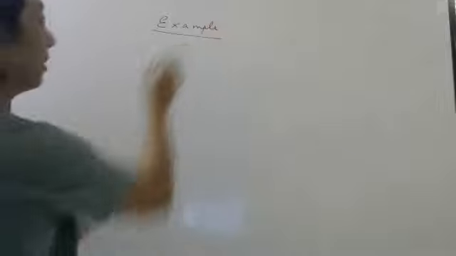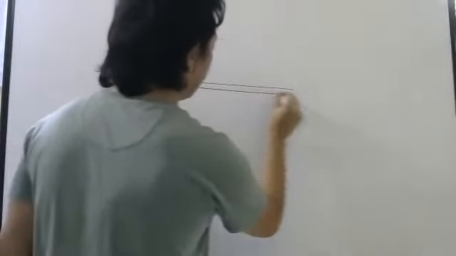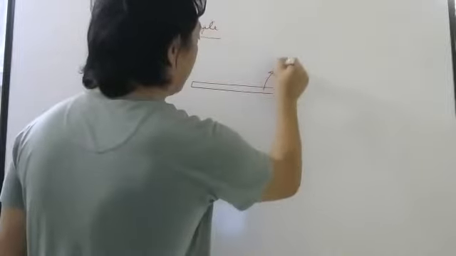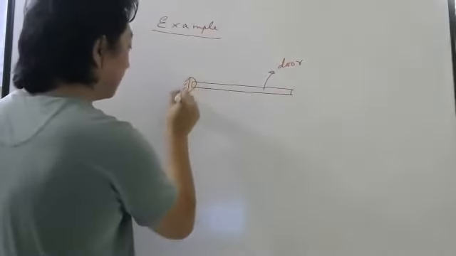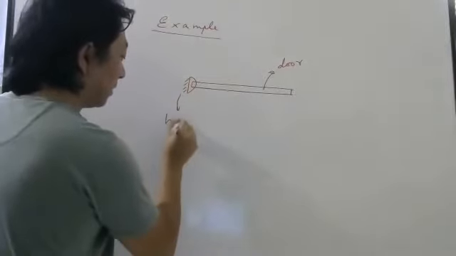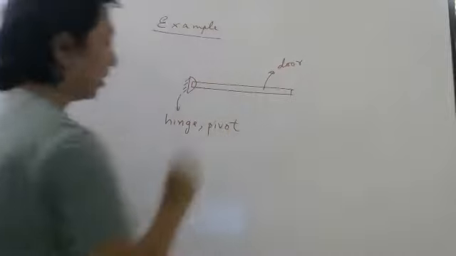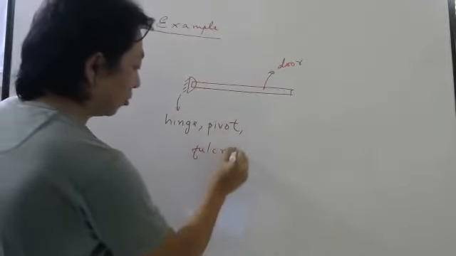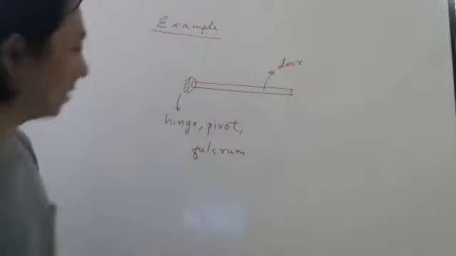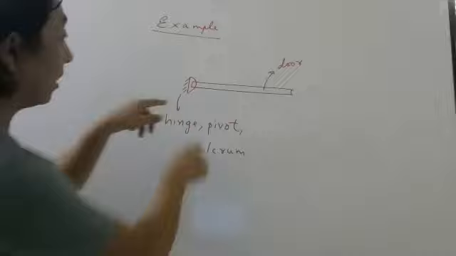Okay, example now, look carefully. Imagine this is a door, and this is your hinge. Sometimes it is called hinge, sometimes pivot, sometimes fulcrum also. So many words are there. Now listen carefully. I said door.